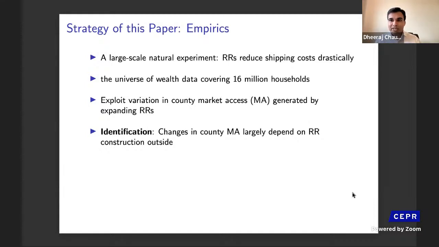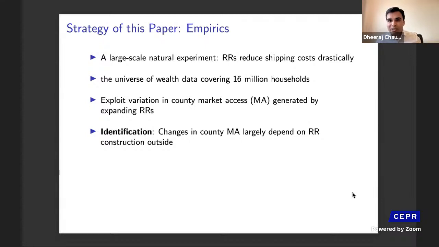From 1850 to 1870, the census collected data on wealth holdings for everyone in the US. So in this sense, I have the universe of wealth data for around 16 million households and basically the entirety of the population. And this data is not even available now. So for these two reasons, this is a very good setting to study the impact of trade costs on wealth inequality.